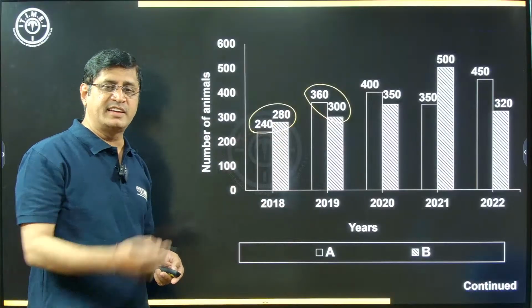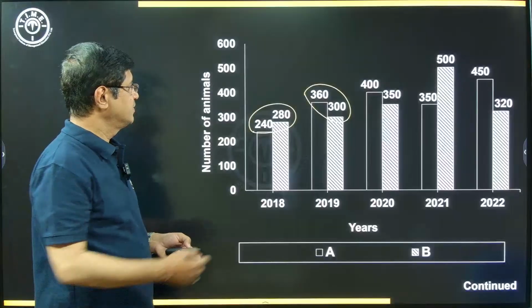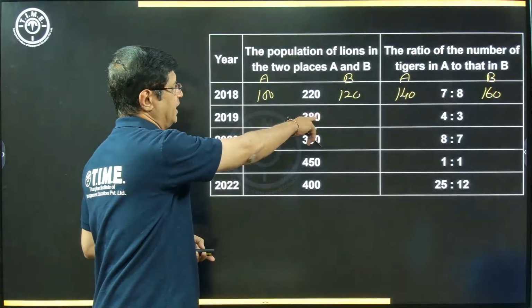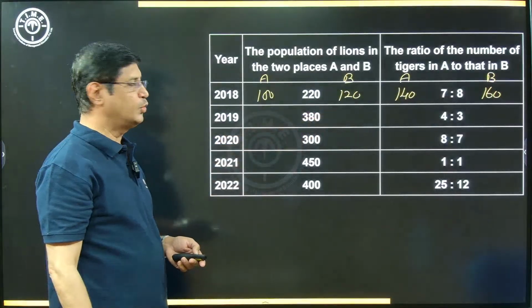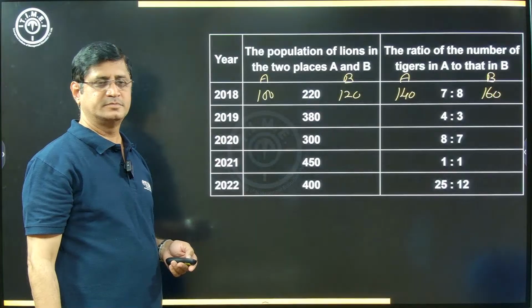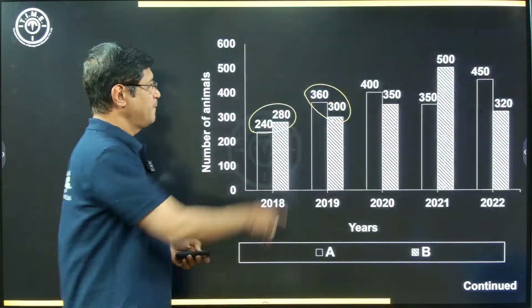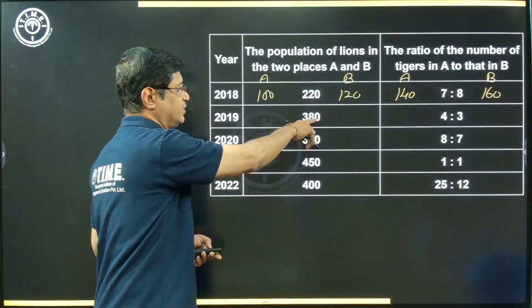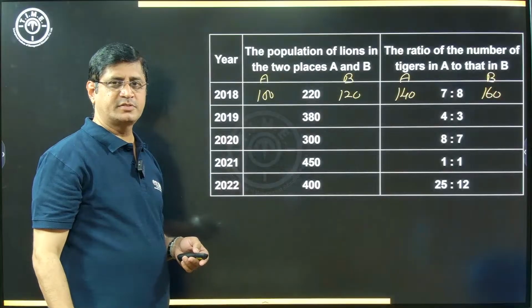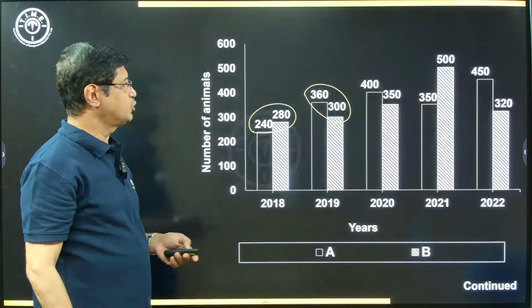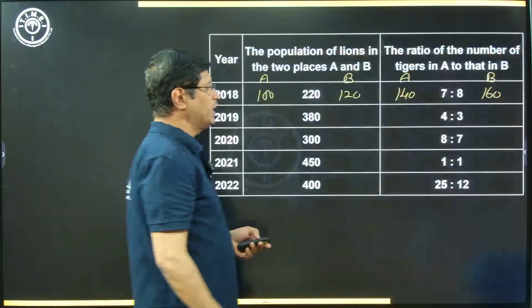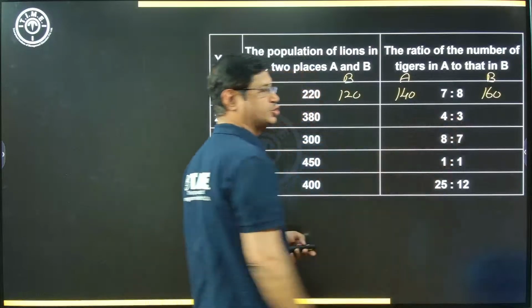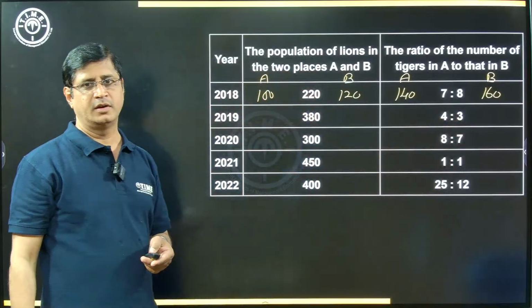So, what is the remaining? 660 minus 380. What is the result? 280. 660 minus 380, how much is it? That is 280. So 280 divided based on the ratio 4:3.